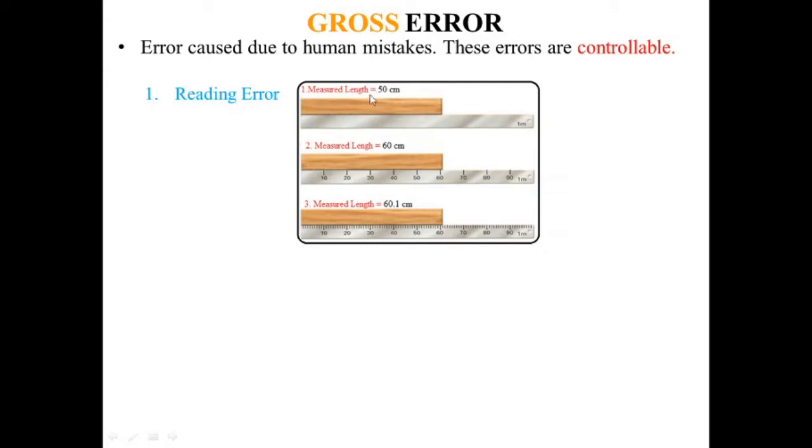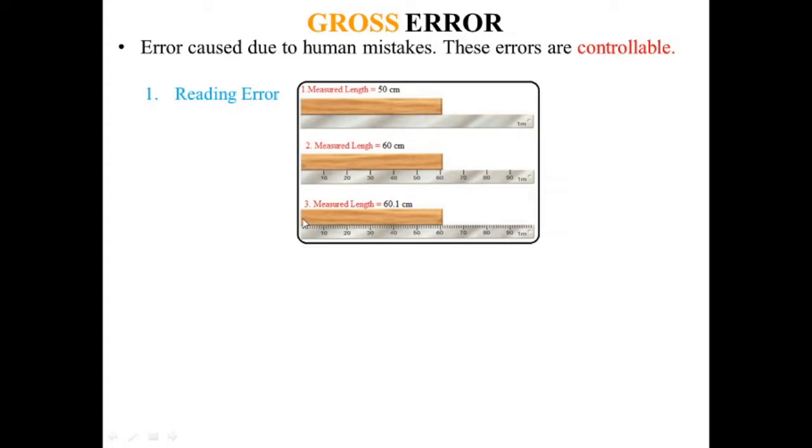For example, here we can see the length measurement by using a scale. In the first case, you can see that it's given only in terms of meters. The centimeter and millimeter divisions were not given, so we approximated the reading as 50 centimeters. In the second case, you can see that the centimeters and meters are given, so the approximated reading is 60 centimeters.